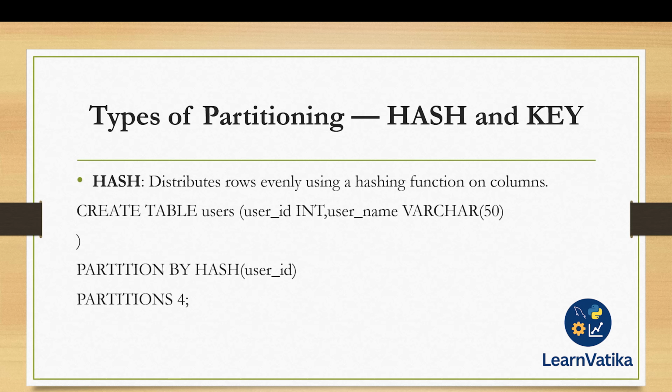You can see the example here: create table users, in which we are going to store the user ID and username, and we are partitioning it using the hash function on the user_id column, and we want 4 partitions, that's why we are giving partitions 4. So the table will get partitioned into 4 partitions with the help of hash.